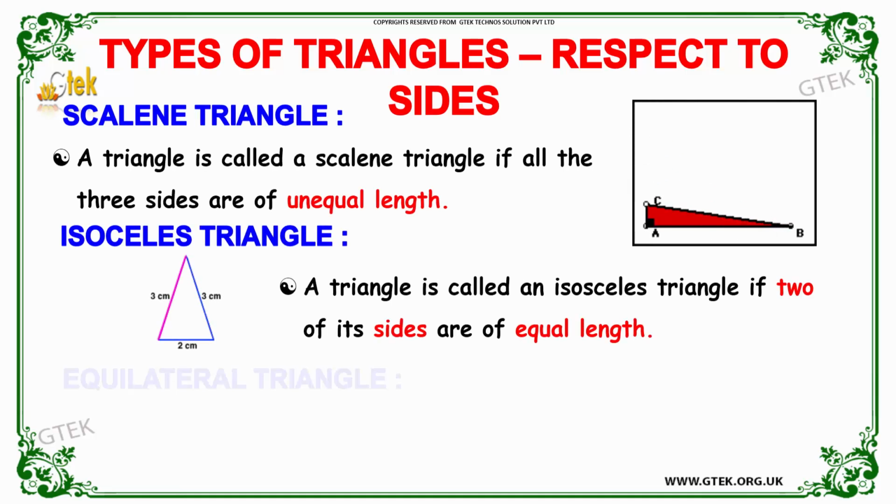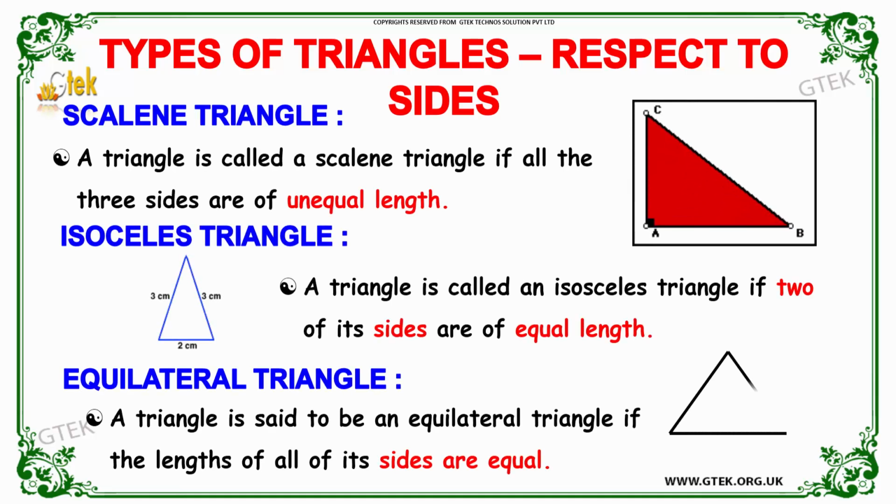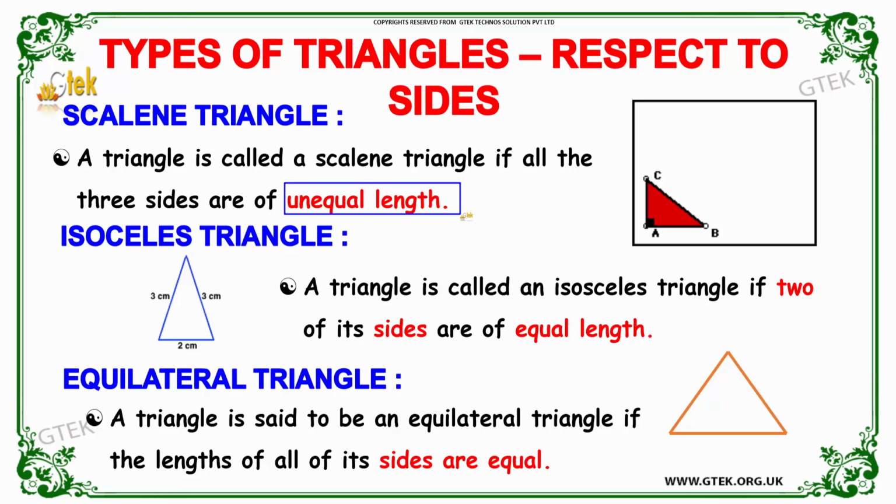Next, we are going to discuss about the scalene triangle. A triangle is said to be a scalene triangle if all the three sides are unequal in length.